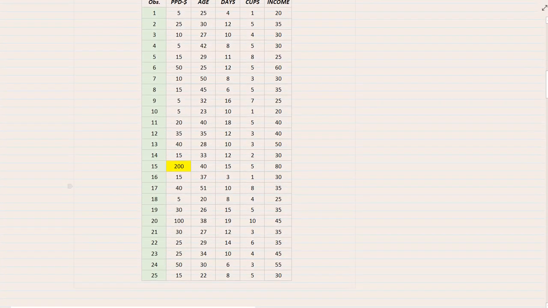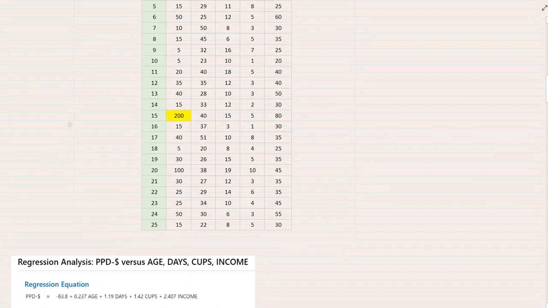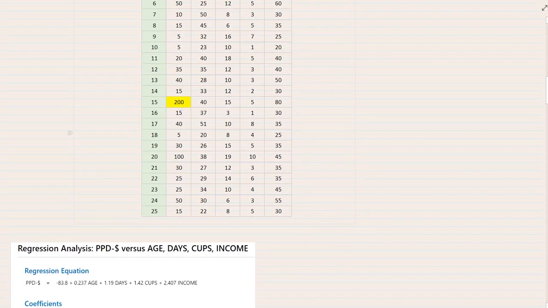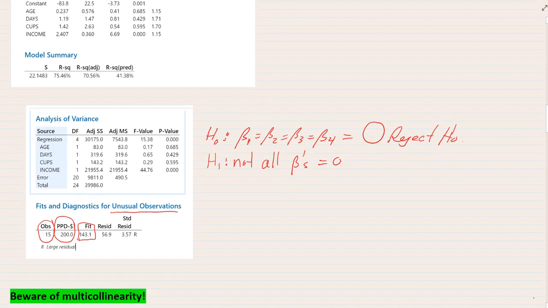A 40-year-old person who on average goes to Starbucks 15 days a month and drinks 5 cups of coffee a day, not necessarily at a Starbucks, whose income is $80,000 per year, is expected on average to purchase a $200 card. Well, this is the actual. How much is the average person with these characteristics expected to purchase? $143, not $200.